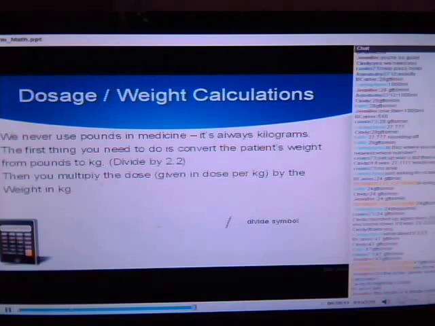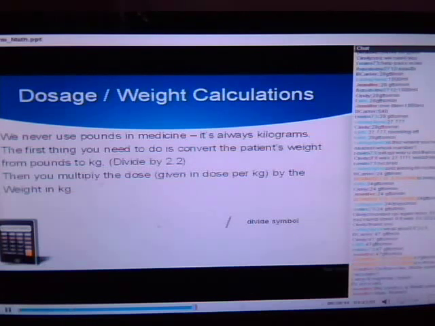If you guys get confused, just remember that kilograms is always less than pounds. I am pretty thin if I weigh 40 kilograms. Or 50 kilograms. That sounds better than 100 pounds, doesn't it? You know, 110, thank you, B.